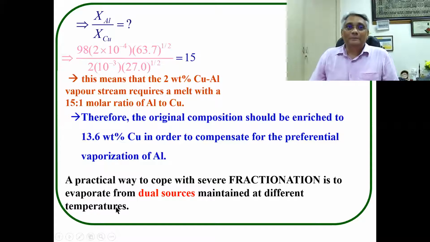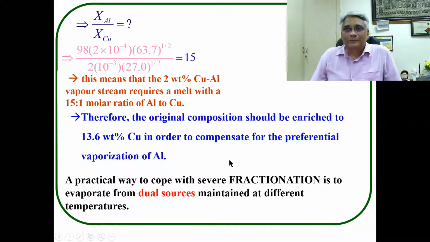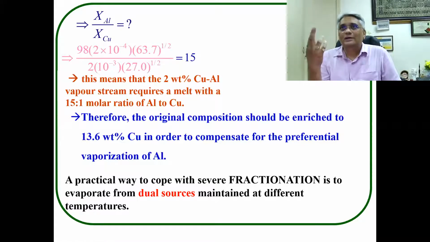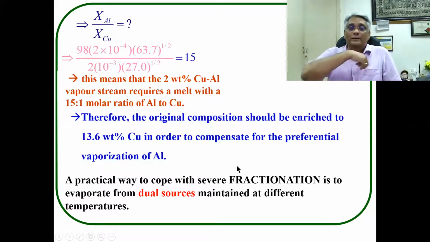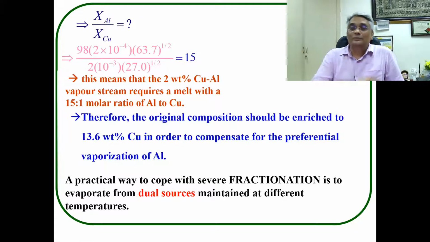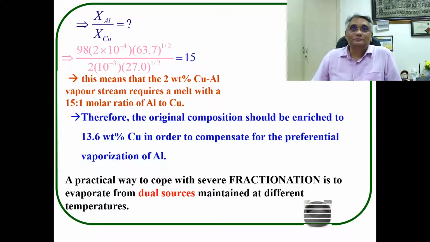So that's why a practical way to cope with severe fractionation is to evaporate from individual sources. In this case, dual sources, because it's a binary alloy AB, maintained at 2 different temperatures. This process, as I told you, has led to the invention of a much better, very sophisticated technique called molecular beam epitaxy.